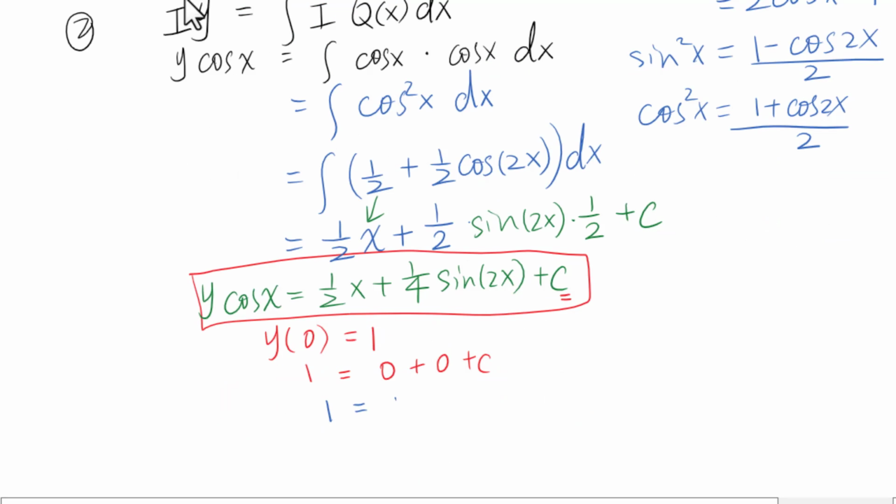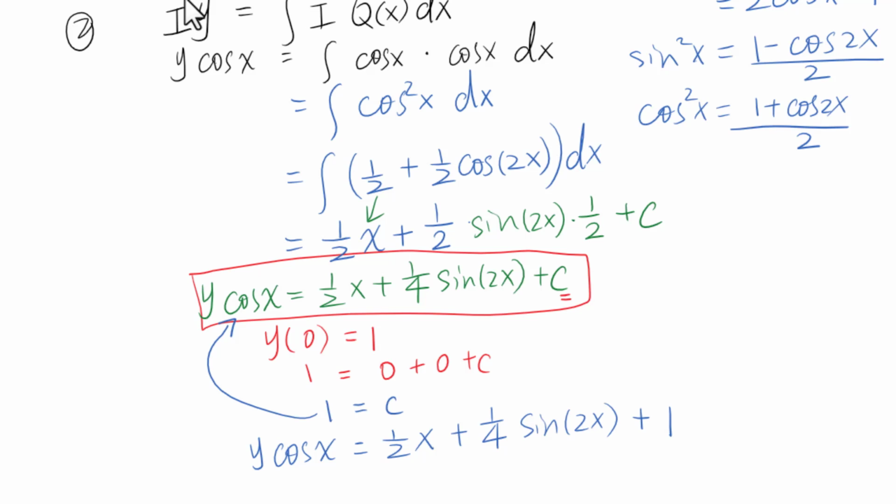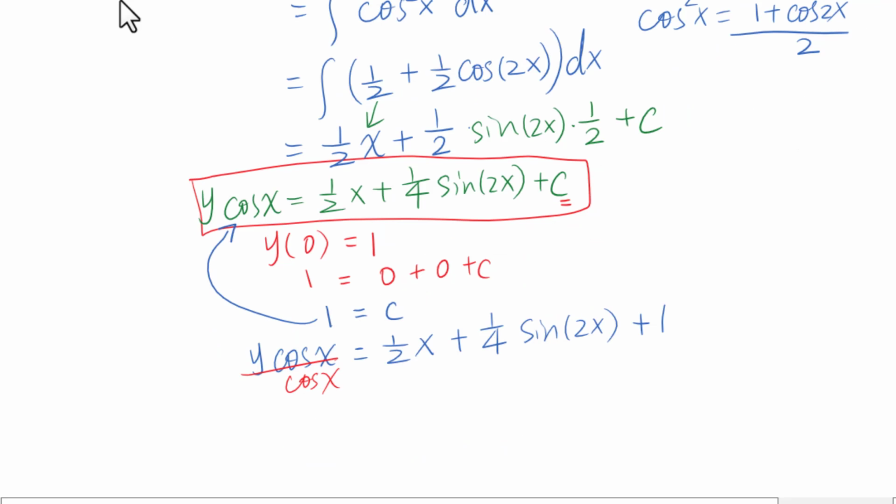So c equals 1. Then we plug back over here. y cosine x equals 1/2 x plus 1/4 sine 2x plus 1. Then divide by cosine x on both sides.